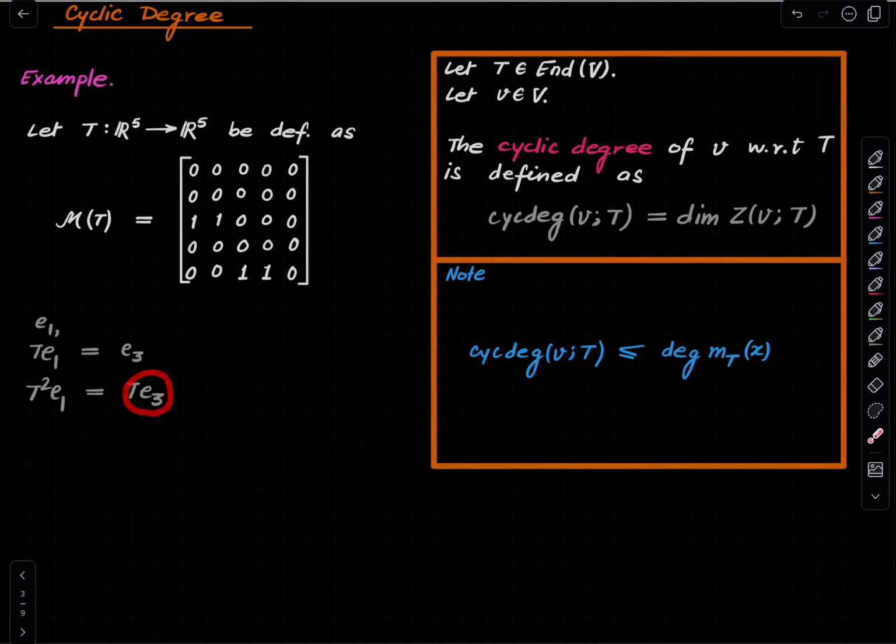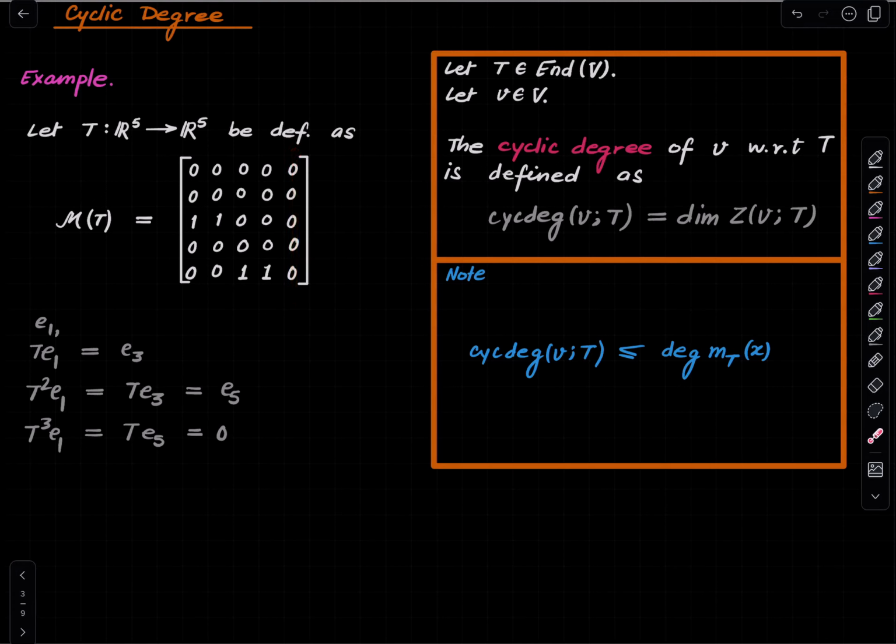But what is T of e3? We go to the third column and we find that the only non-zero entry is on the fifth row. So T of e3 is e5. Now what is T cubed e1? T cubed e1 is T of e5, but that is 0 because in the fifth column everything is 0.